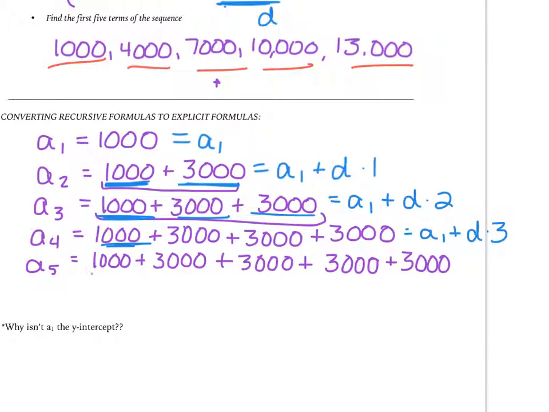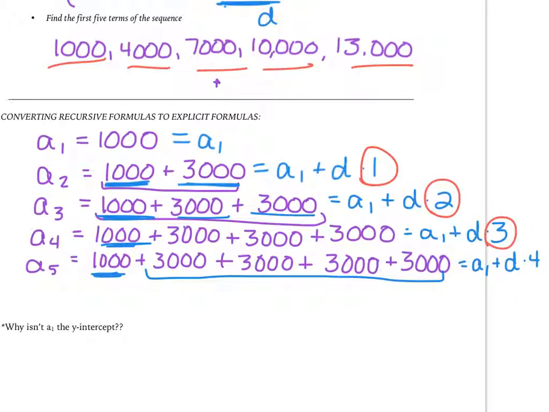And to get my next one, I did my A1 plus my D value times 4. Okay, and what I want you to notice there, the pattern I want you to see, is that this number is always one less than the term number. Okay, so when I'm looking for term 2, I did my D value times 1. When I'm looking for term 3, I did my D value times 2.